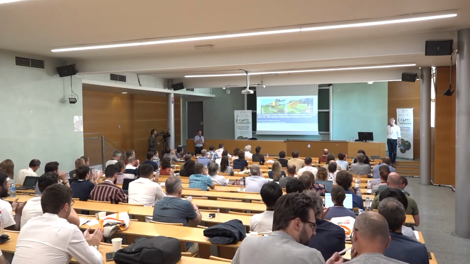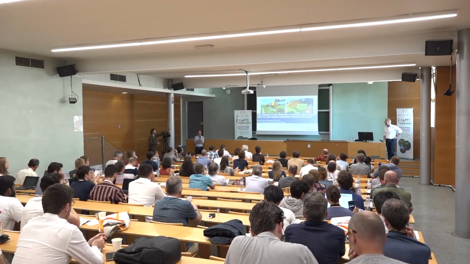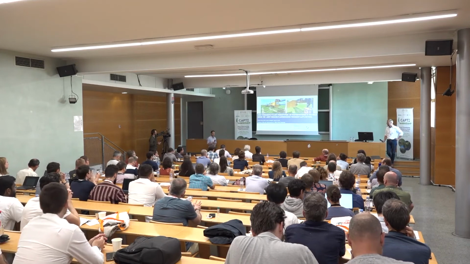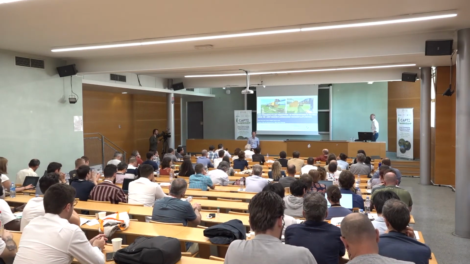Thanks very much, Onno, for this very interesting system. My question is about the stability of the measurement across the day. How much does it vary with local environmental factors?